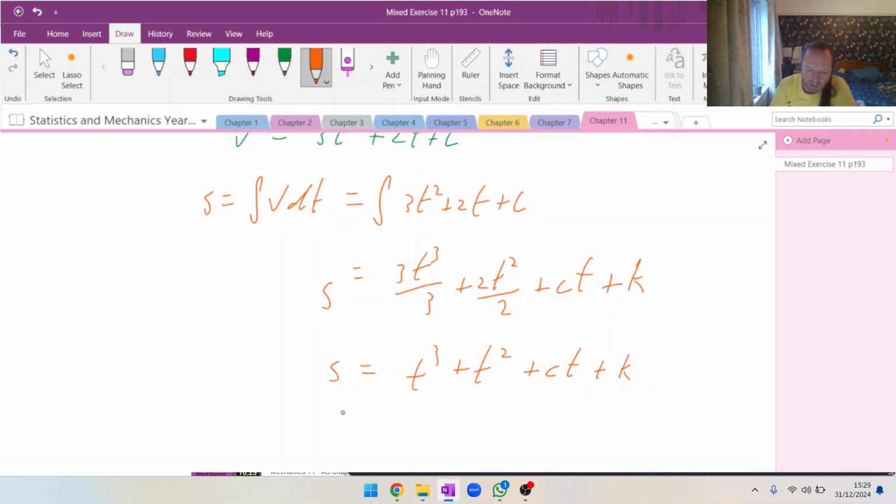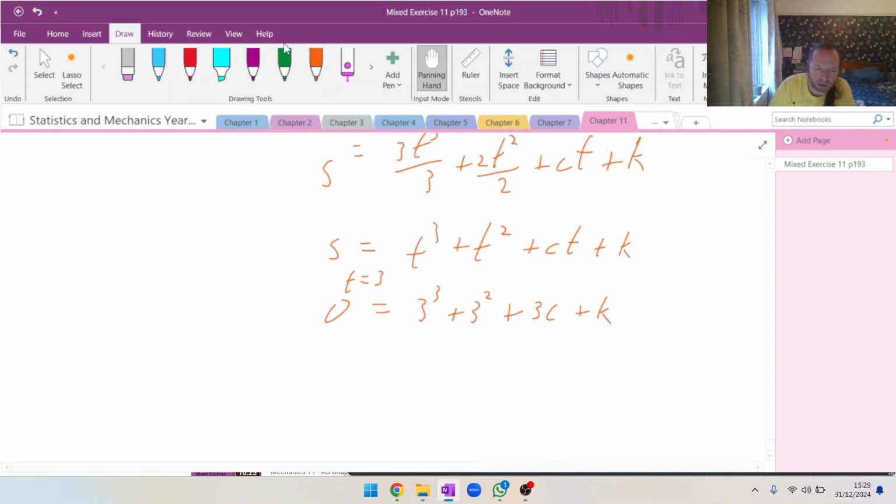Now I am going to suggest to you a distance of 0 when t equals 3 seconds. So if I have 3 cubed plus 3 squared plus 3c plus k, I can make an equation.